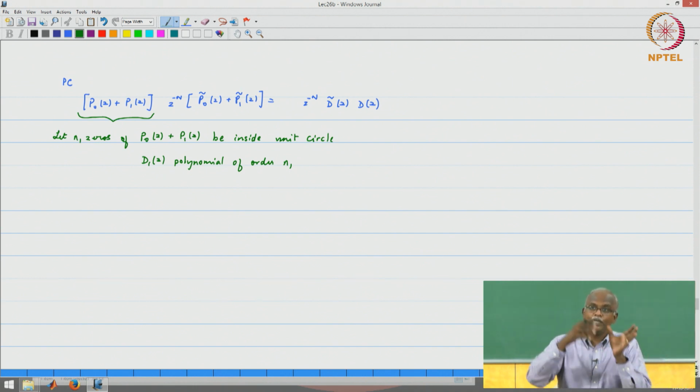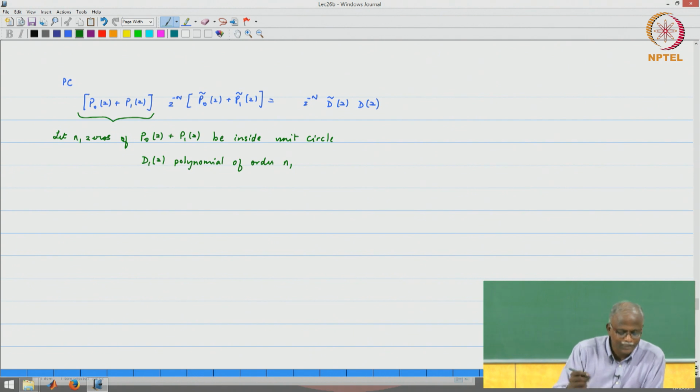Now P naught plus P1 has some zeros outside the unit circle. How many? It has n naught equal to n minus n1 zeros outside the unit circle.